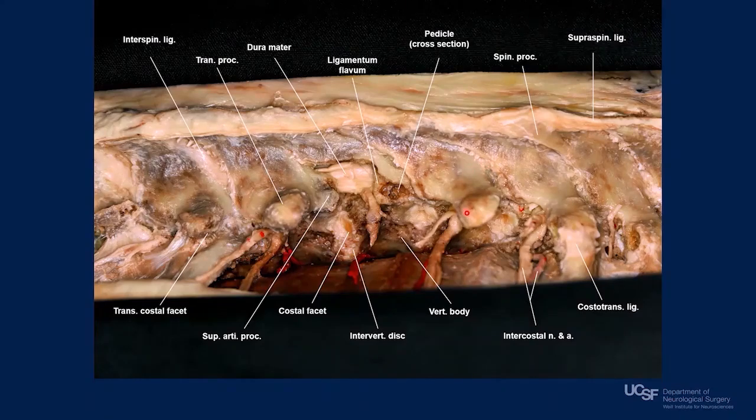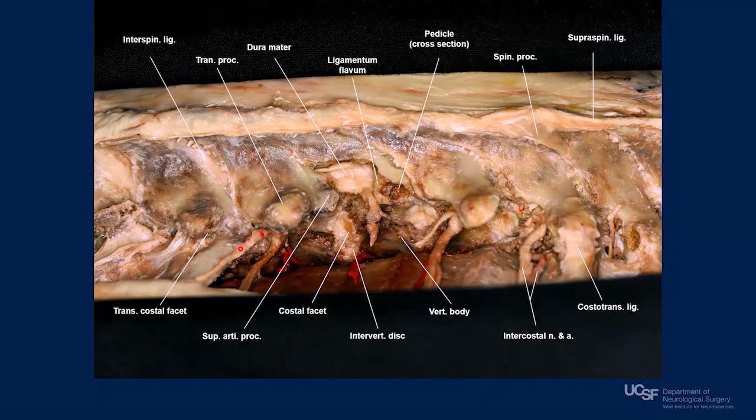We also see the transverse process, and if we remember, the transverse process has a facet for the articulation with the body of a rib, and in between we're going to find a costotransverse ligament. After removing the lamina, we can expose the dura mater, and we also expose the dural sleeve of the intercostal nerve root.